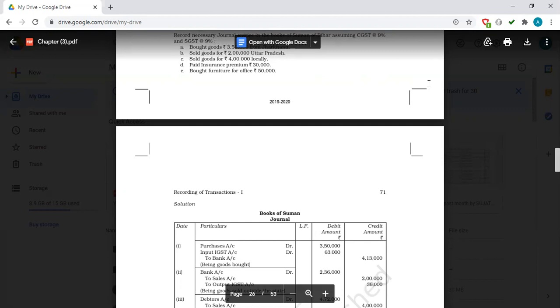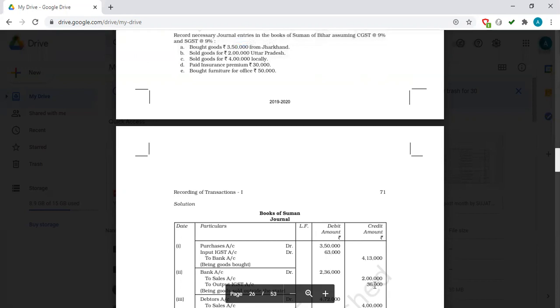Now here it is sales, so we will write output IGST. Again I am repeating, when sales is there, output IGST is written. So to output IGST, 18% of 2 lakh is 36,000.